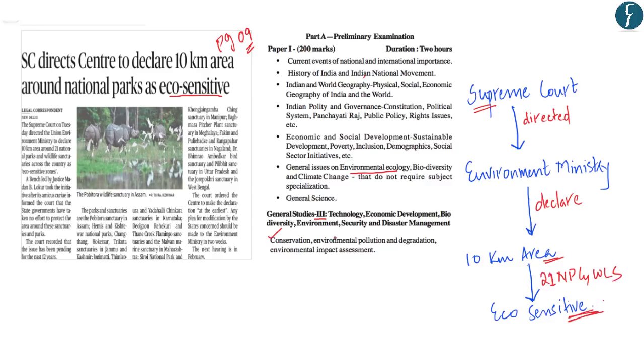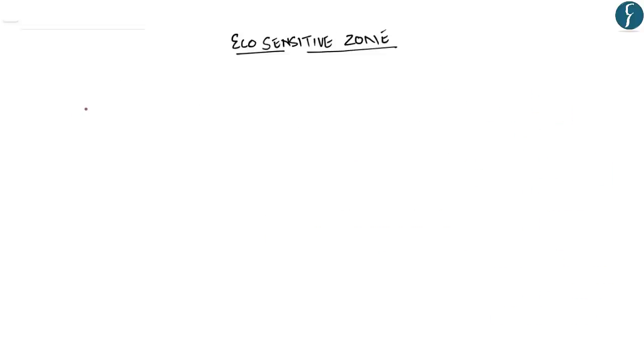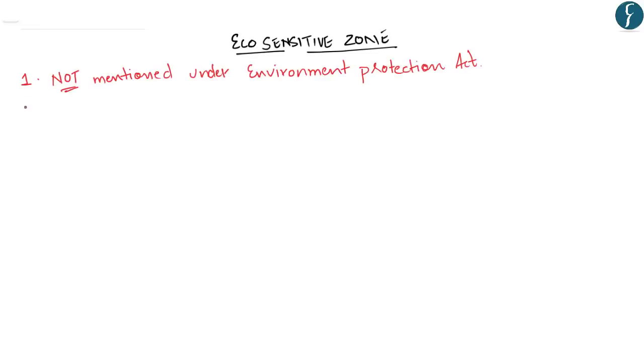Now let us see what eco-sensitive areas exactly are. As far as eco-sensitive zones are concerned, the first thing you should know is that they are not mentioned under the Environment Protection Act. Thus, it brings us to our second logical question, where this eco-sensitive zone is then mentioned.